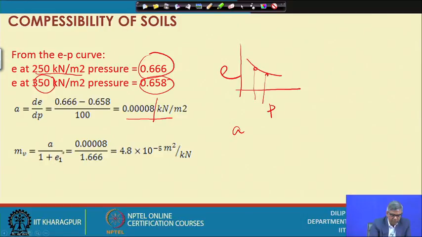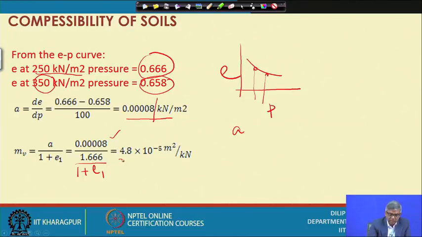So, mV equal to a by 1 plus e1, that is the expression we derived in the last class. The a value is this, and 1 plus e1 is 1.666, since e1 is 0.666.